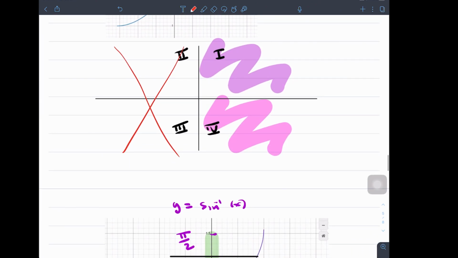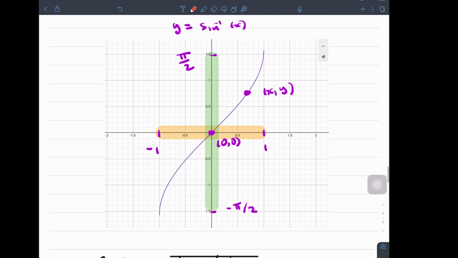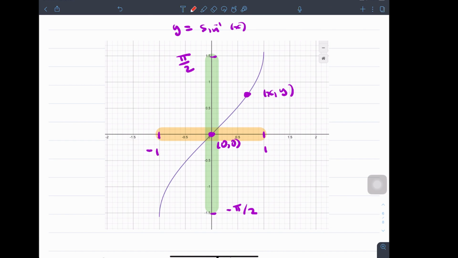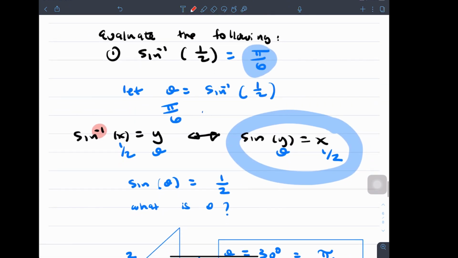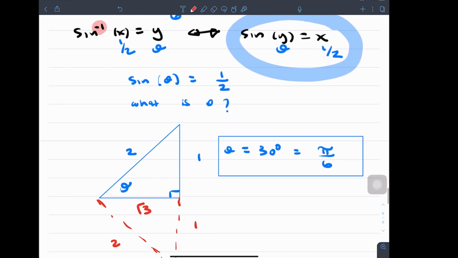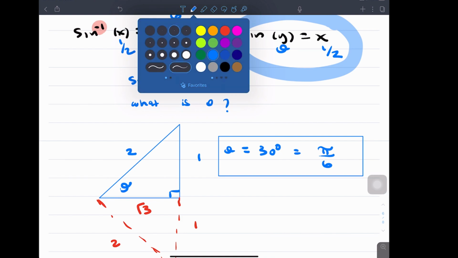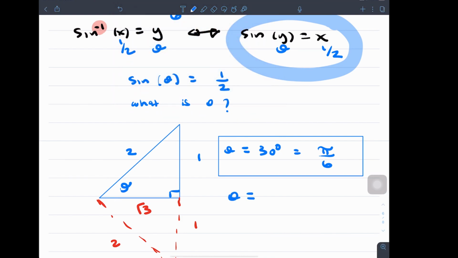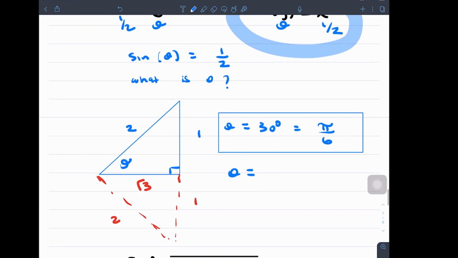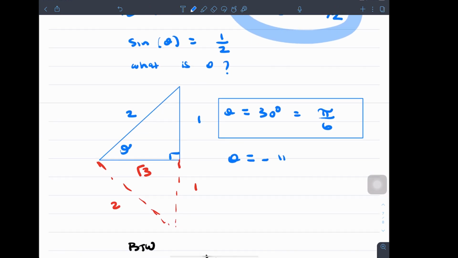So the moral of the story is this. Inverse sine, if you go back and you said, inverse sine is good for what? -1 to +1. Is that true? I have to give an answer for theta. What do you think theta is going to be? It has to be negative what? Pi over 6.